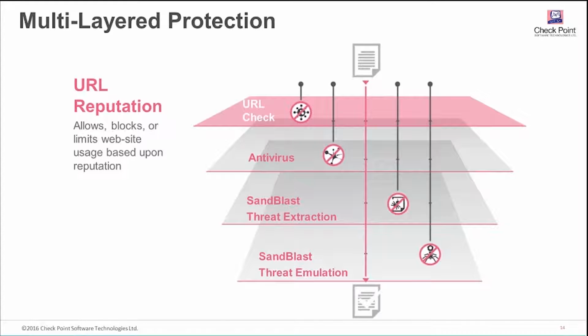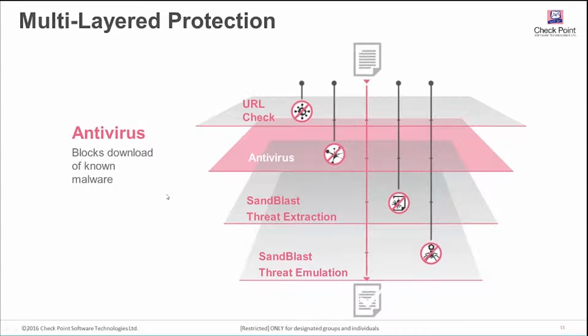If a site that is linked inside of the email message or inside of an attachment is malicious and has been known to host malicious content in the past, and it's been flagged, its reputation is bad, we're not going to let users get there. We'll remove those links and simply tell them that a link has been blocked because it was to a malicious site. We run the antivirus so that known threats, the threats that we've seen before, will not get through to any of your users.